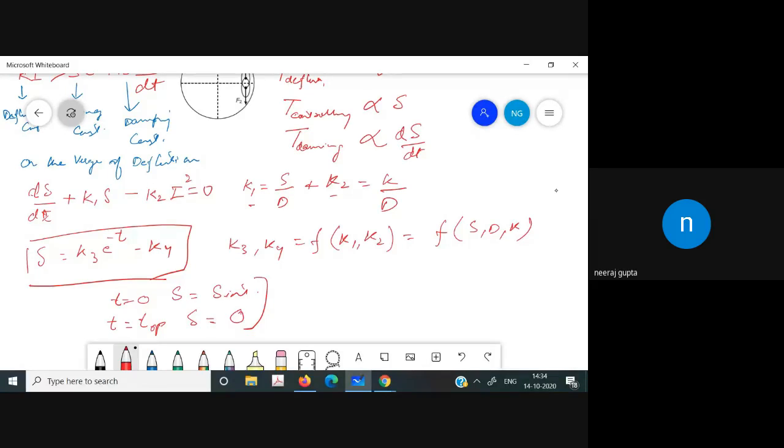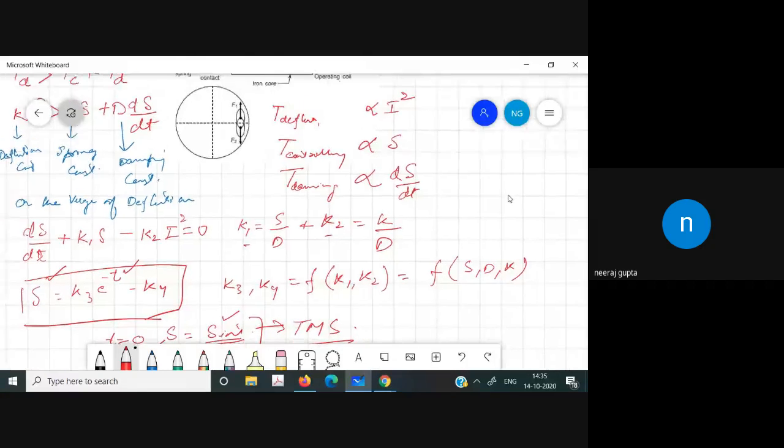We can find the operating time, t operating, by finding the value of t for which delta becomes 0. Now, this delta initial that we have already discussed can be obtained by the time multiplier setting. So we have the time multiplier setting here.